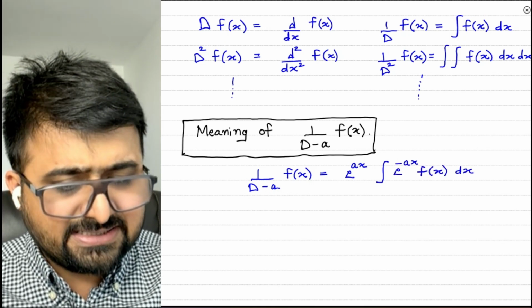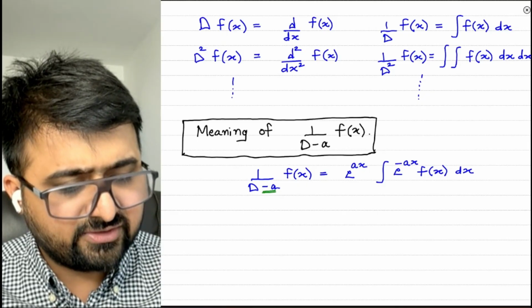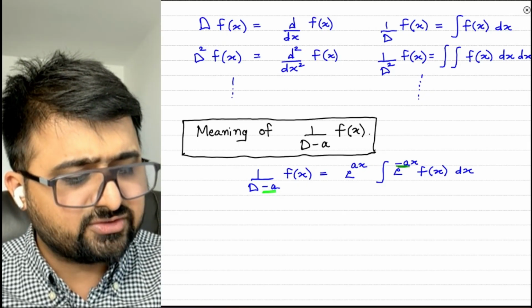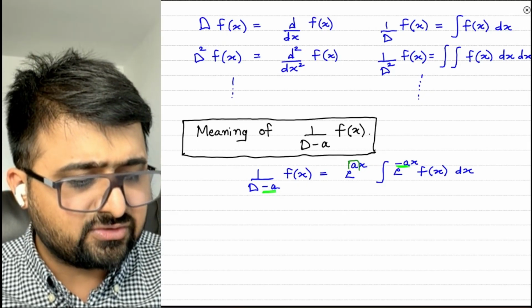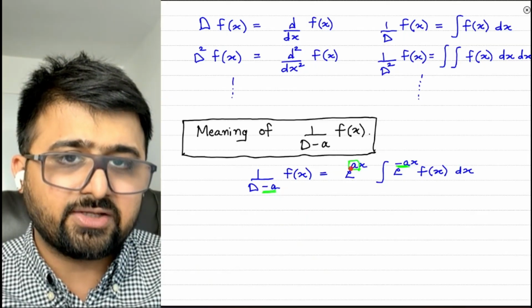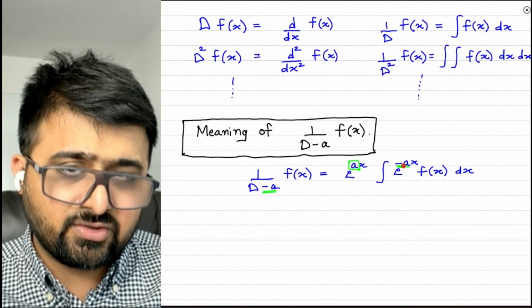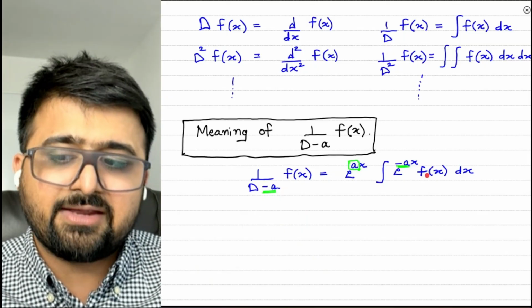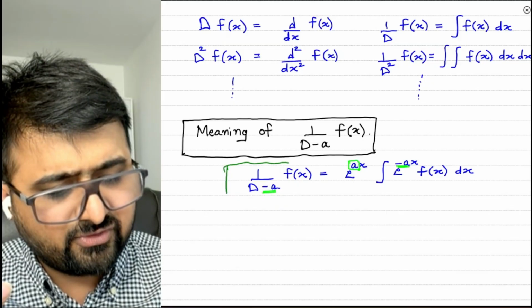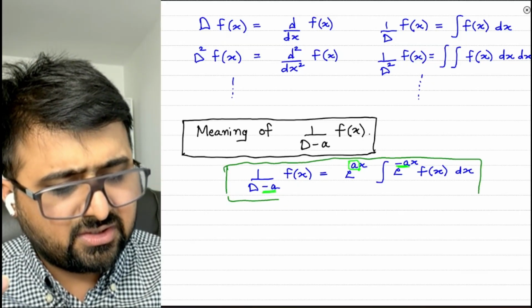So if it is minus a over here, the opposite sign goes inside the integral: plus a goes outside of the integral, and minus a goes inside the integral, and you multiply by f(x) dx. That's the definition of 1 upon D minus a of f(x).